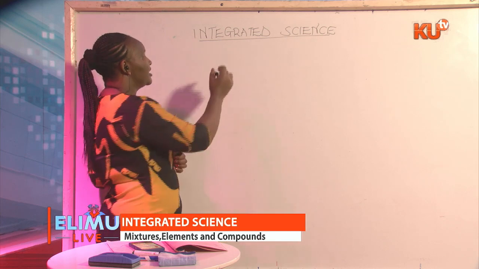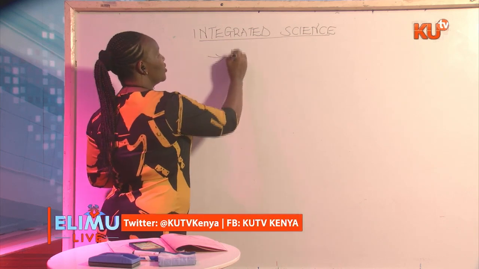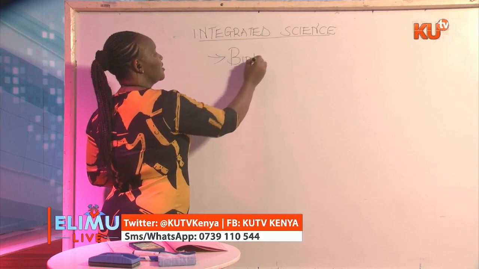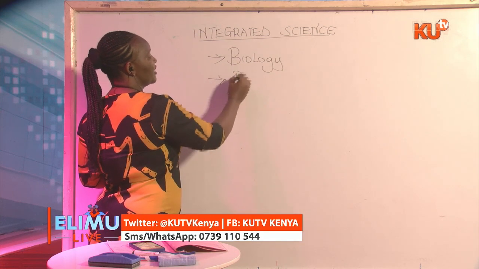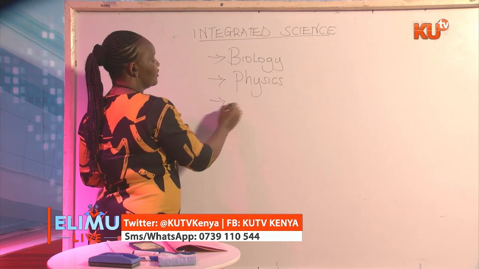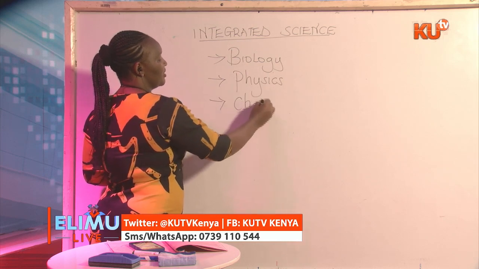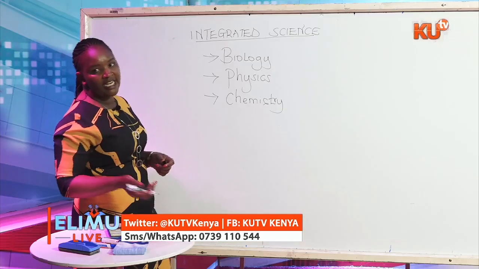In grade 7 we learned that integrated science comprises biology, physics, and chemistry, and we can also include environmental studies.